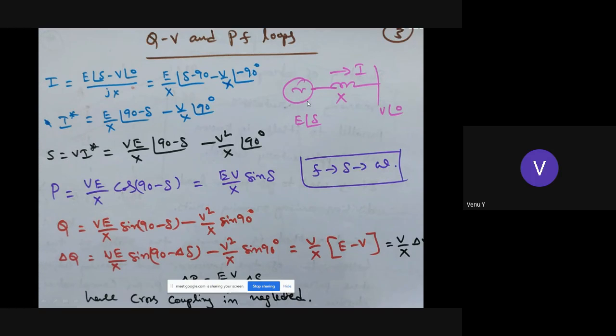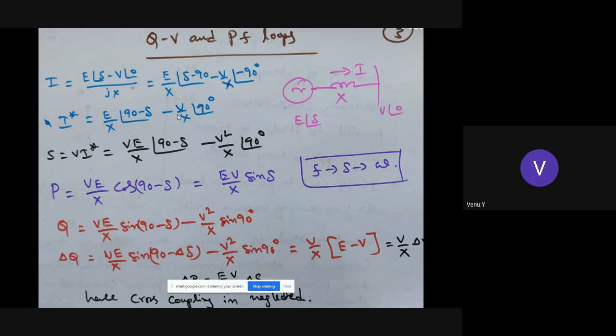Now let us consider the generator E at delta supplying power to a bus bar V at 0. The generator reactance is X. The current flowing through the generator to the bus is I, so I is equal to E at delta minus V at 0, divided by X. Now, E by X at delta minus 90, since j means minus 90 here, minus V by X at minus 90.